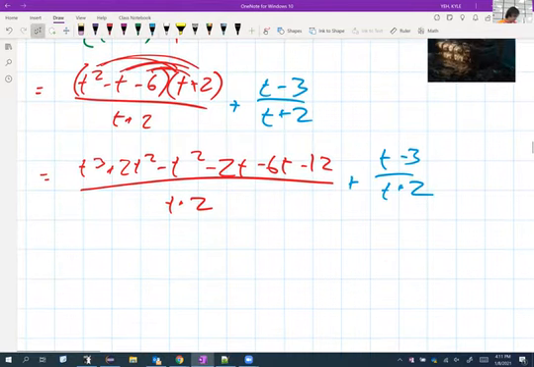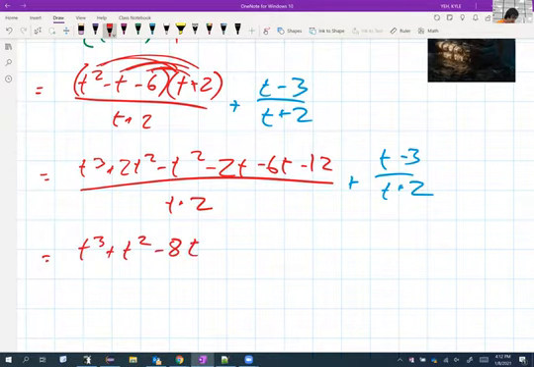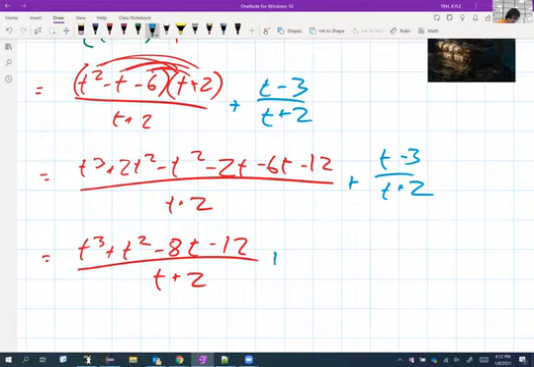Okay, simplify, and now that they have a common denominator, we'll be able to combine like terms. So t cubed, and then we have 2t squared minus t squared, so plus t squared, minus 8t's, it looks like, minus 12 over t plus 2, plus t minus 3 over t plus 2.